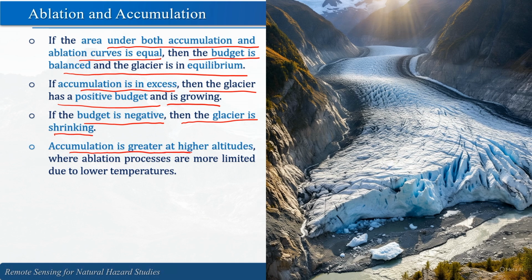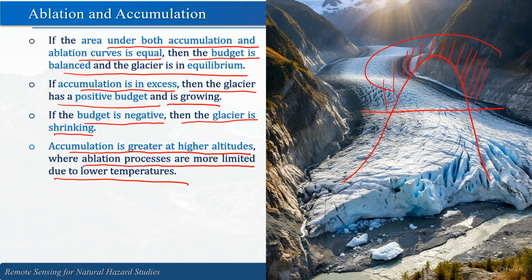Accumulation is greater at higher altitude, because the solid precipitation is always at higher altitude, where ablation processes are more limited due to lower temperature. Because of the low temperature, accumulation will be more compared to the ablation or the melting. That is why you can see the accumulation is greater at higher altitude.